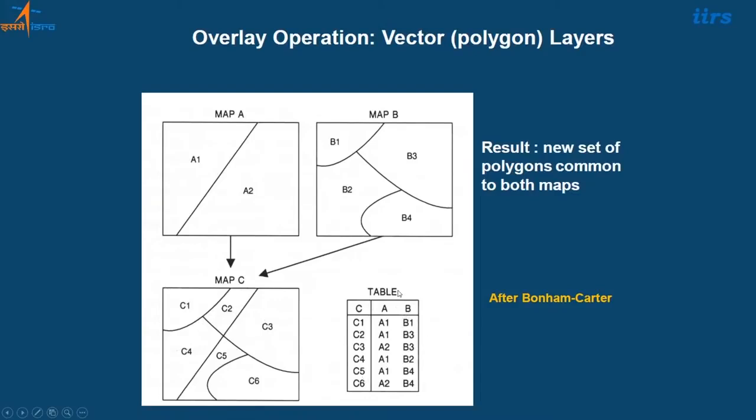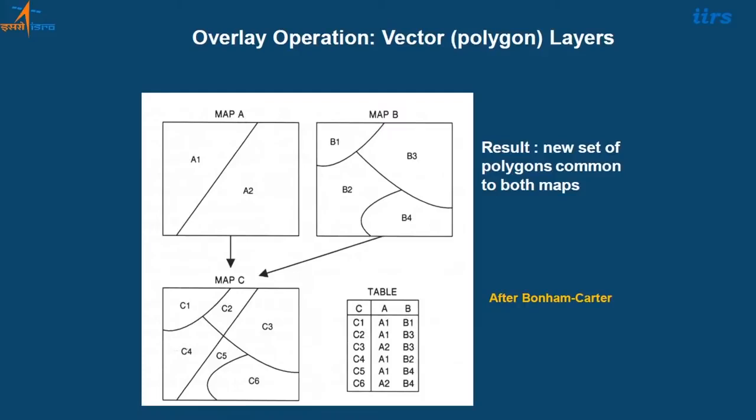It will have the features from both map A as well as map B, and the number of features will also increase. Here I have 2 features, here I was having 1, 2, 3, 4 features, but in the output I have 6 features. So it has done the intersection of the geometrical features in both map A and map B.